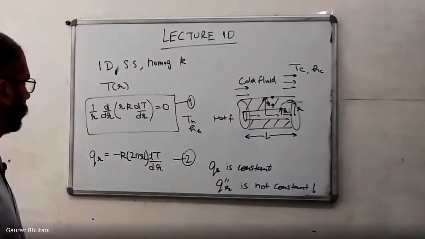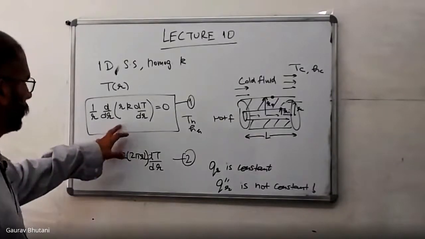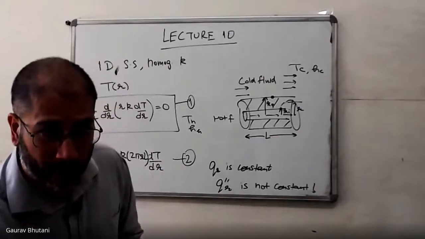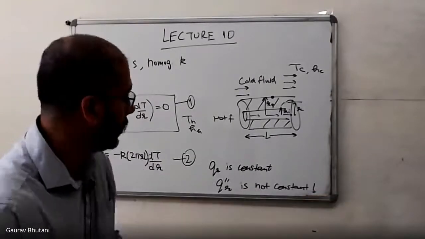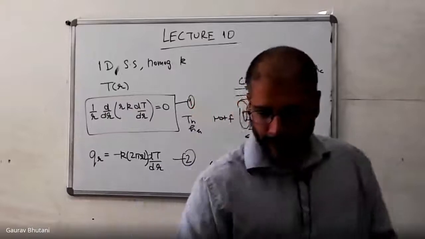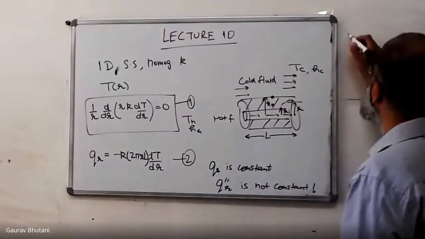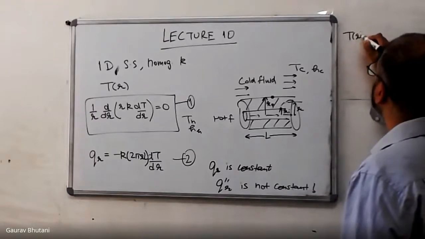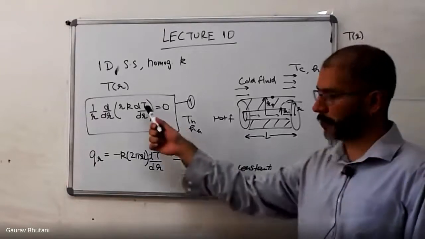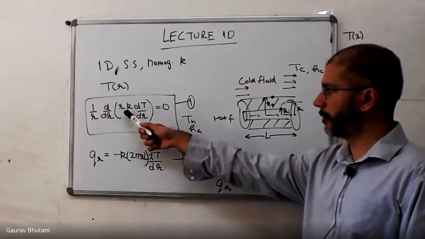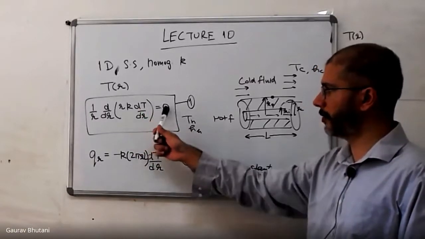Fine. So now we can solve this equation. We're solving T as a function of r. When you take this thing to be constant, call it c1.